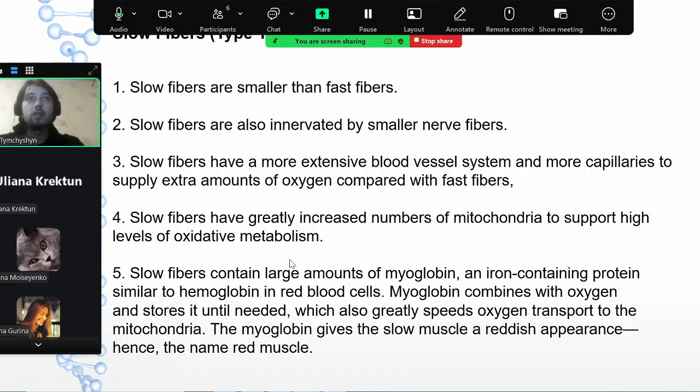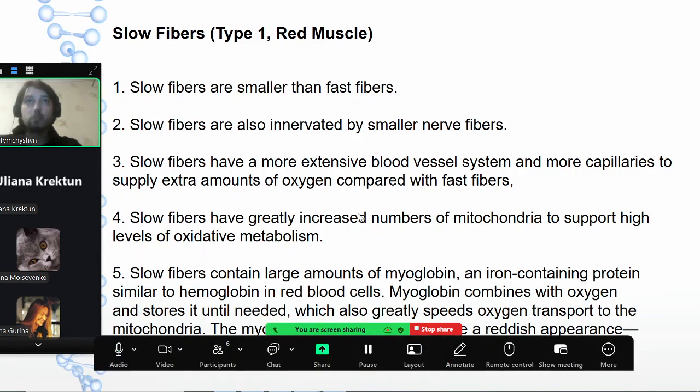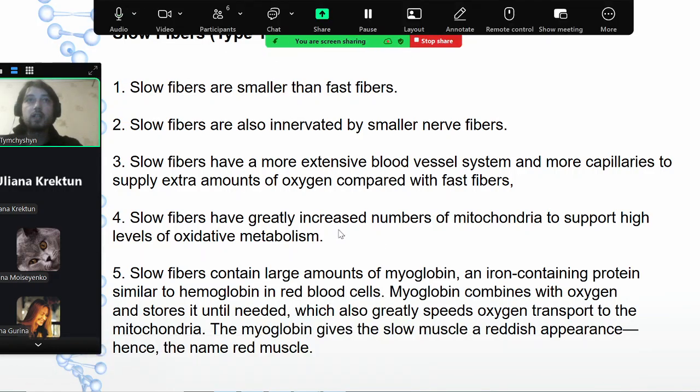So slow muscle fibers rely on oxidative processes to get the energy.